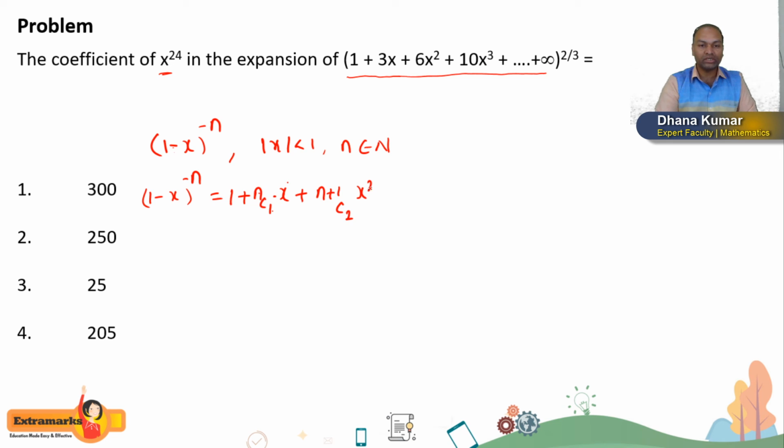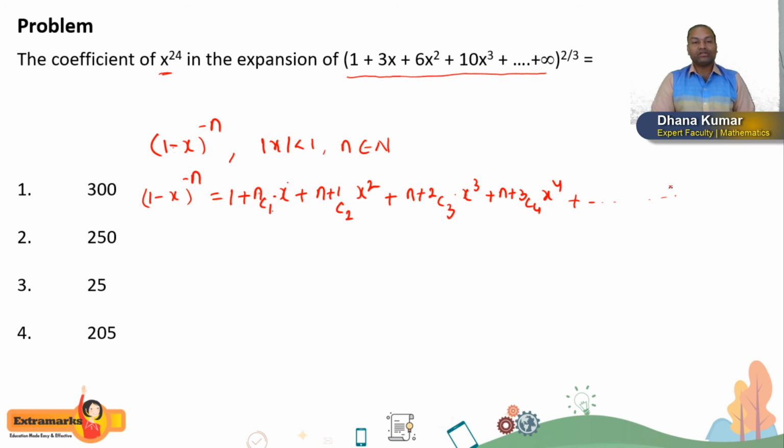Can you guess the next term? Right, next term is n plus 2 c3 into x cube. Next term n plus 3 c4 x power 4, and so on.